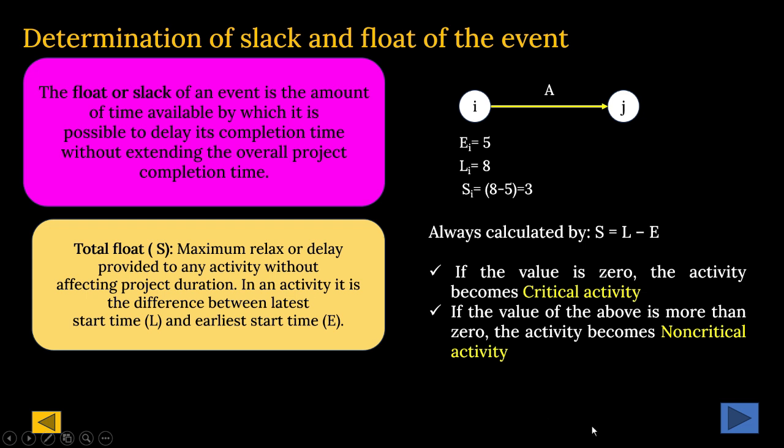Okay, now let us talk about the float or relax a little more. There are different types of float. Number one is total float, which is denoted by TF. What is total float?